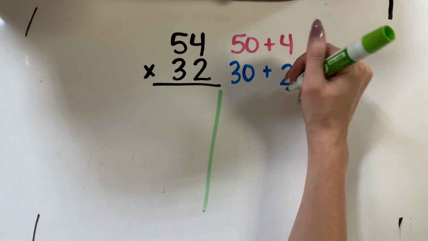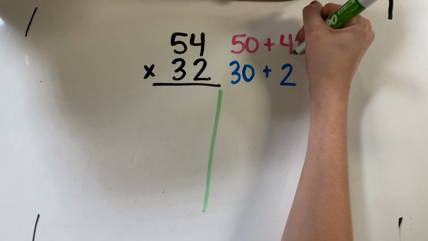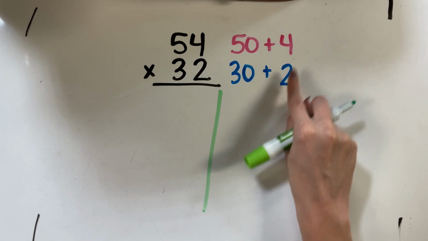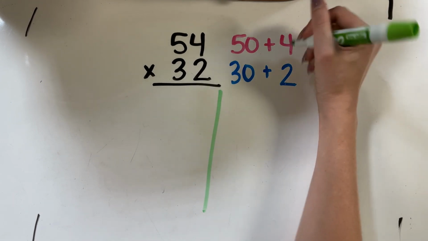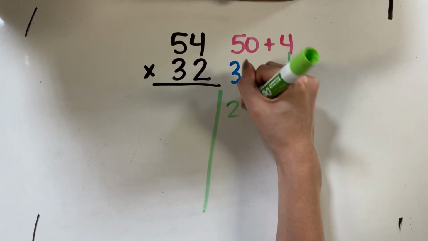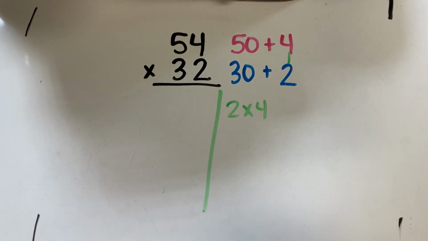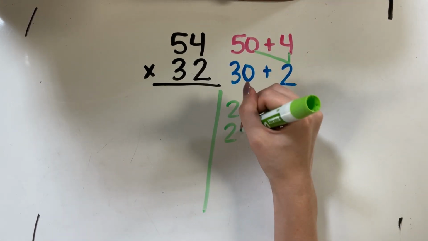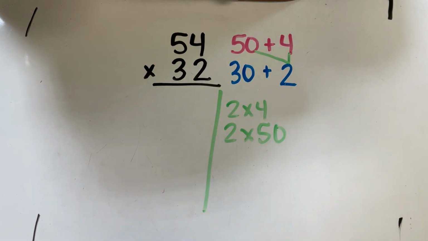We are multiplying a bottom number times a top number. Okay, so we're going to start off by multiplying 2 times 4, and we're also going to multiply 2 times 50. I'm not even interested in figuring out what 2 times 4 and 2 times 50 are yet. I'm just making my list of all the numbers that I need to multiply.